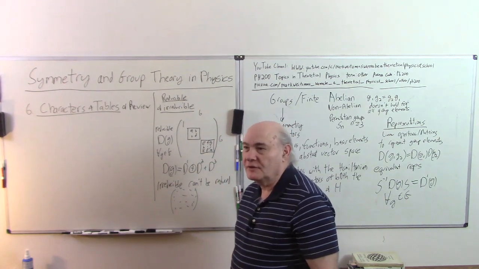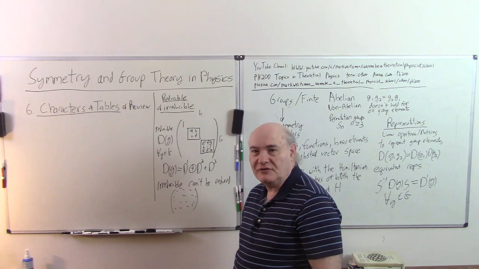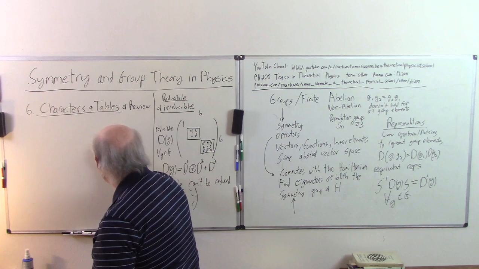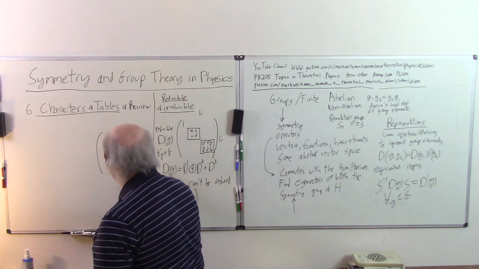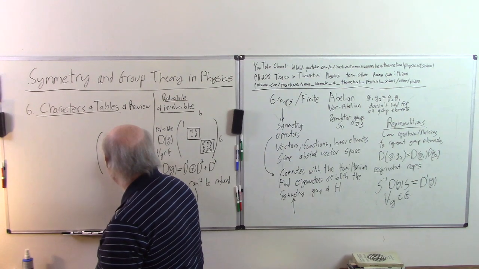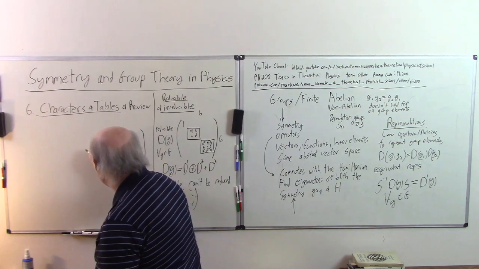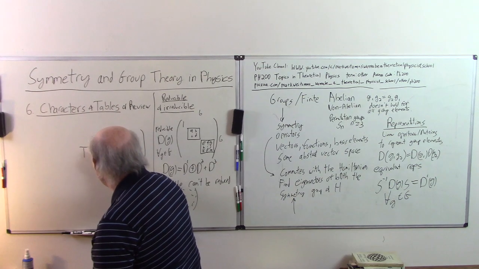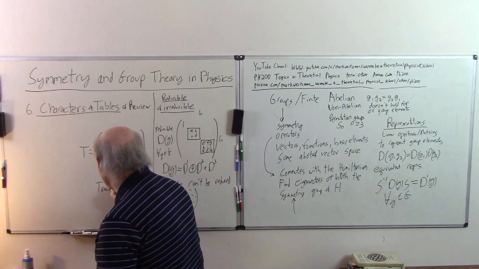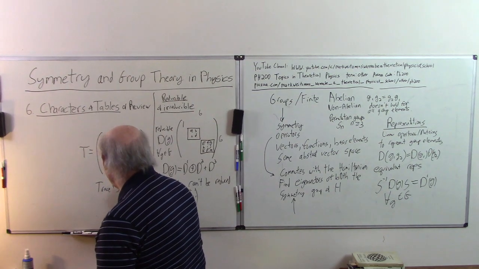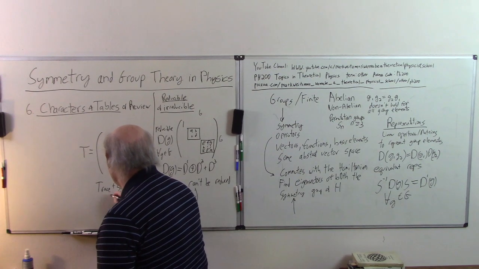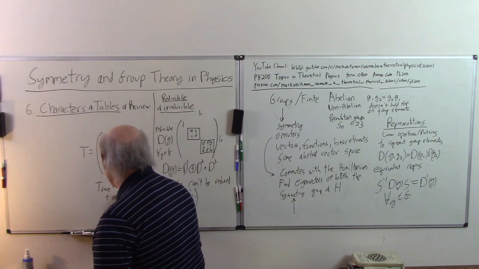For those of you who are undergrad physics majors, you've probably seen things like quadrupole tensors. We've had 3x3 tensors, and you know that you can represent it as a symmetric tensor. Let's say this is a tensor T. We can represent this as being the trace of the tensor plus a symmetric tensor plus an anti-symmetric tensor.